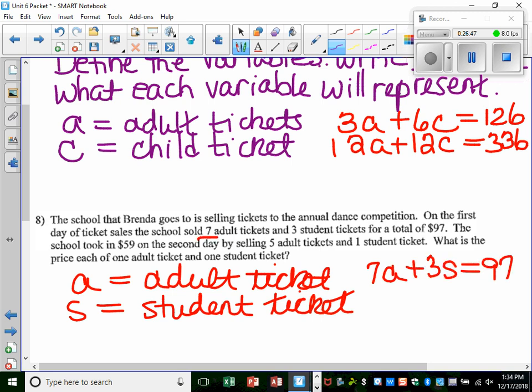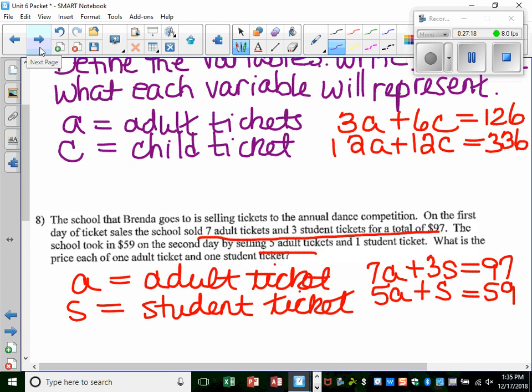That's right here. On the second day, we have a total of 59. We have 5 adult and 1 student. Please don't write that 1. We just say S. We've got to get out of the habit of writing a 1S. That's what I want you to be able to do right now. We'll come back later once we learn the third method that you're going to learn to solve them.